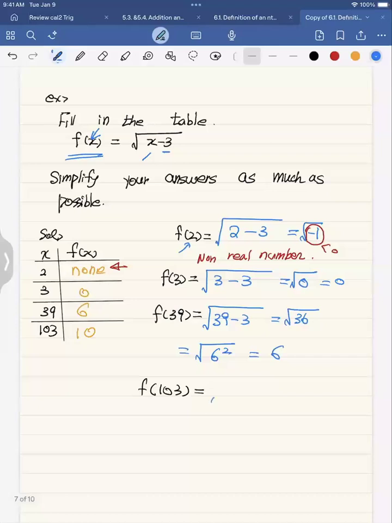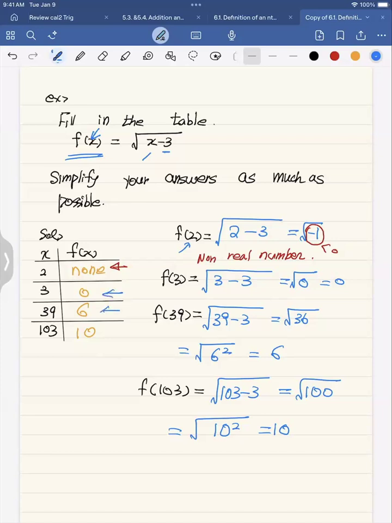The next one is x equals 103: the square root of 103 minus 3 equals the square root of 100. That is the square root of 10 squared, which is 10. So all of them are consistent with what I filled out in advance.